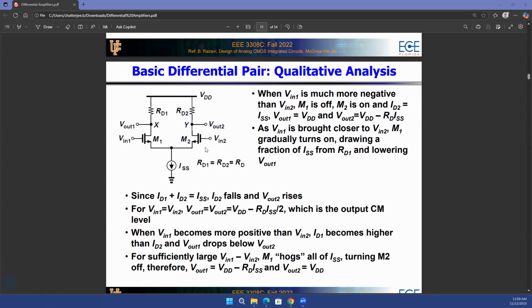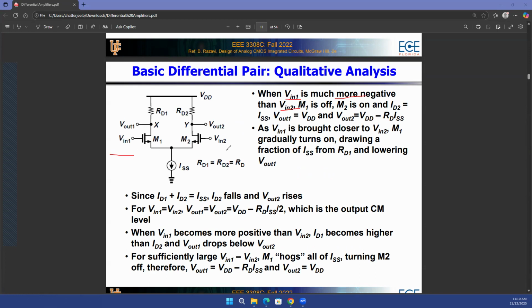So if you want to do a qualitative analysis of this basic differential pair, how does it look like? So when your V in 1 is much more negative than V in 2, you have a difference in terms of the voltage level.